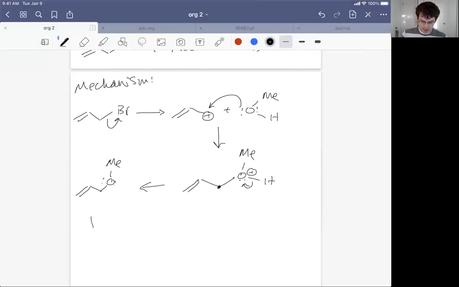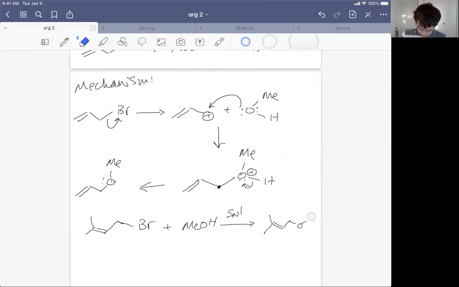Now what's cool is if you add substitution to one side, you will get a mixture of products. So Sn1, on this species, we would see the formation of methyl ether at this position, and then a methyl ether at this position.